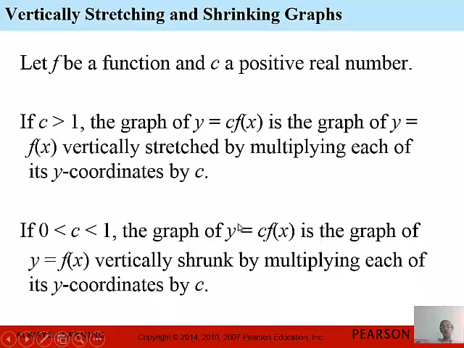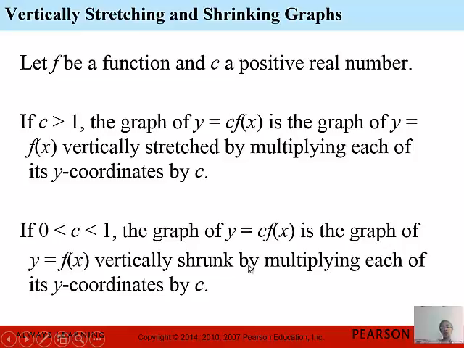If c is between 0 and 1, the graph of y equals cf of x is the graph of y equal f of x vertically shrunk by multiplying each of its y coordinates by c.